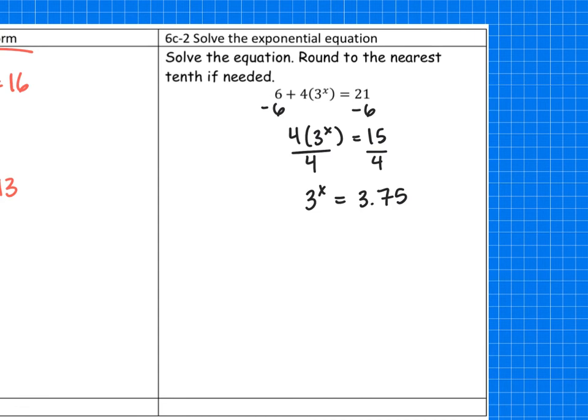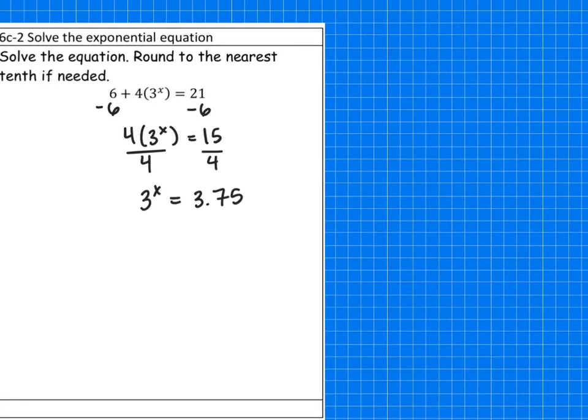Okay, so now I need to solve for an exponent, and it's not something that's easy enough for me to just figure out. So I need 2 parts here. I need that thing I just did, b to the x equals a. I need to be able to go in between those. Currently in exponential form, 3 is my base, so this would be written as log base 3.